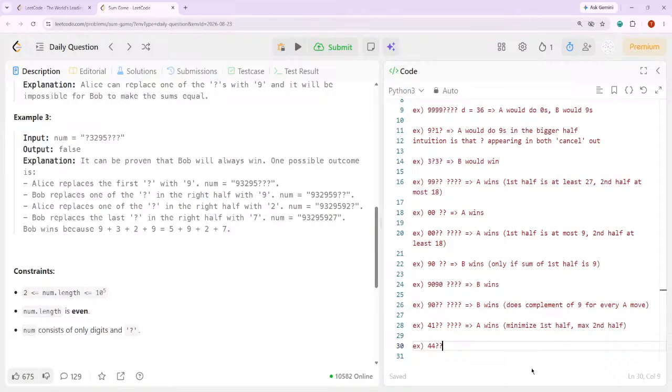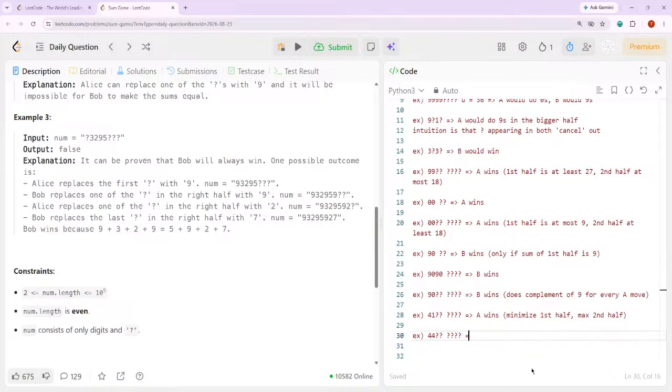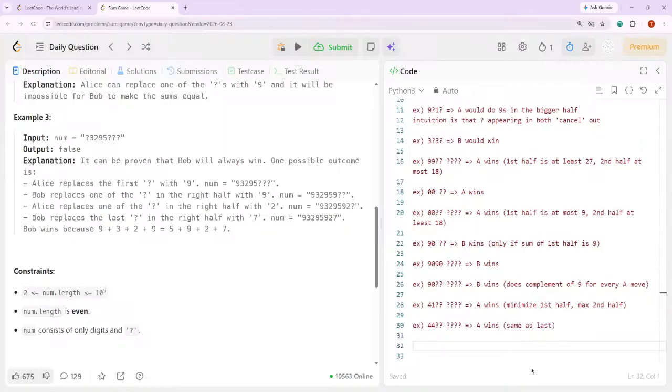She'd make the first half 17, and then the second half would be at least, well, she puts down a 0, Bob puts down a 9, so 17. Then she puts down 2 nines. I think that's it then. I don't think there's any other cases really.